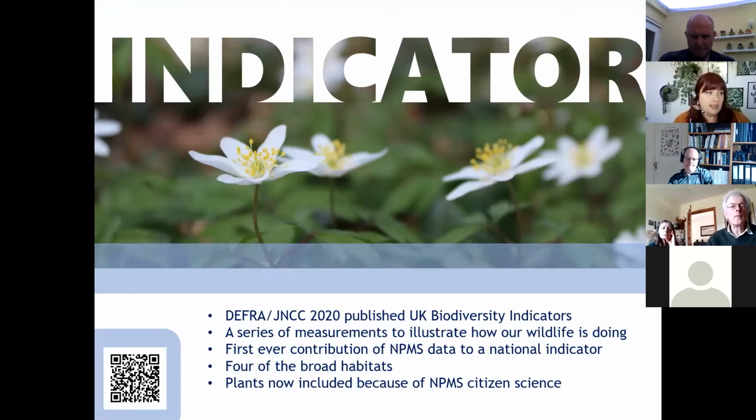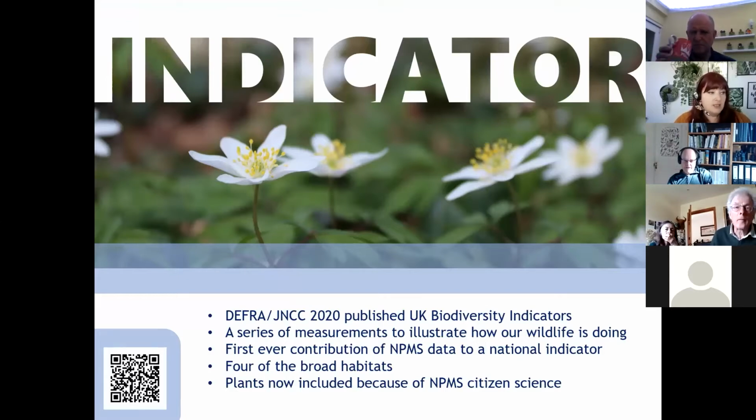So 2020 was a landmark year for MPMS volunteers because it marked the first ever contribution of MPMS data to a national biodiversity indicator. Specifically, MPMS data from 4 of the scheme's best surveyed broad habitats, which I'll go into a bit more in a minute, have been used to create a new indicator category, which is titled C7 Plants of the Wider Countryside.